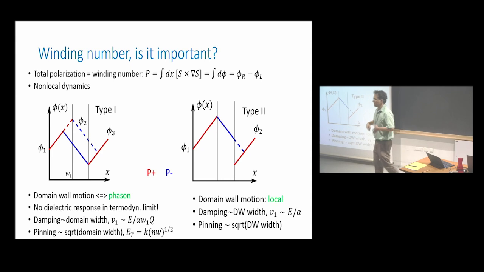And so in the thermodynamic limit, there will not be any susceptibility due to walls. If the electric field is applied, all the domain walls in the bulk will not move. There is only a surface contribution, not a bulk one. Okay, then one can also find the velocity of these walls using Tilly equations.